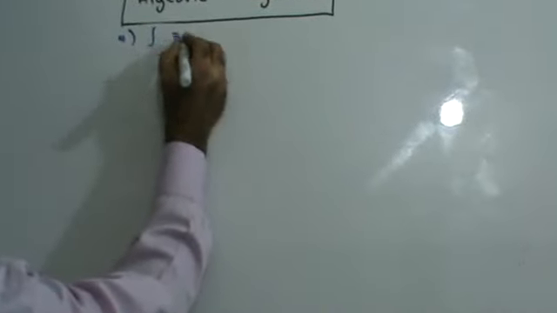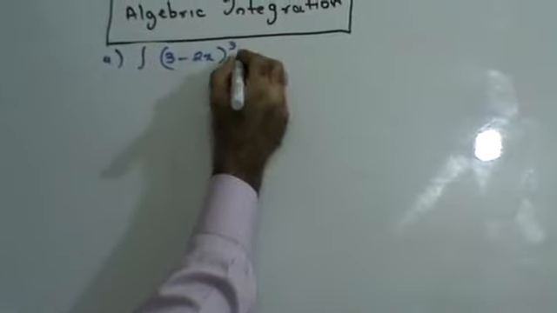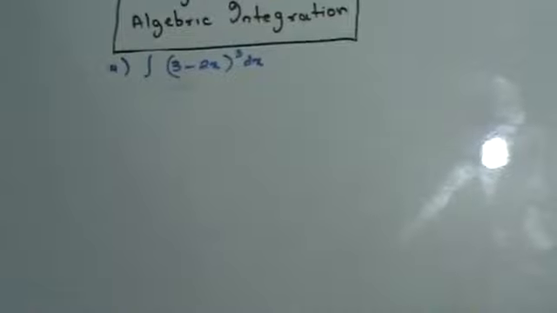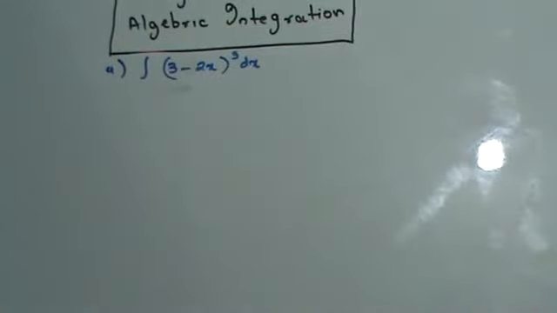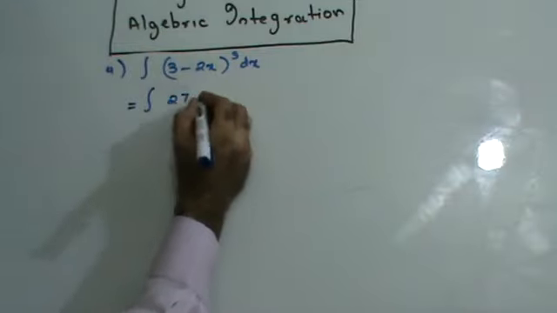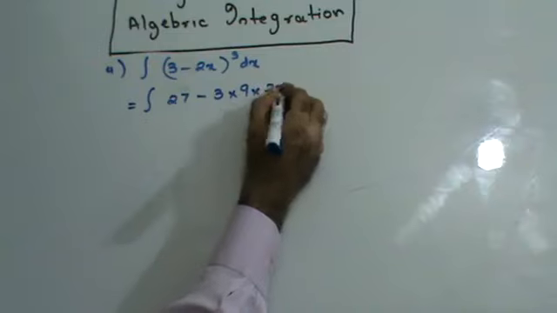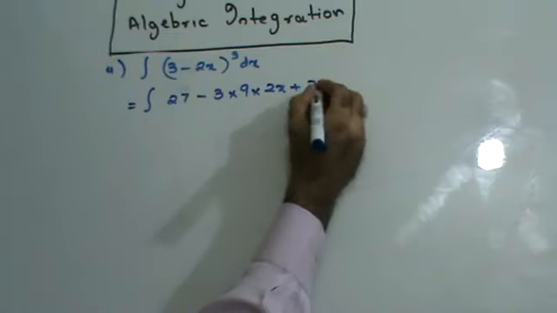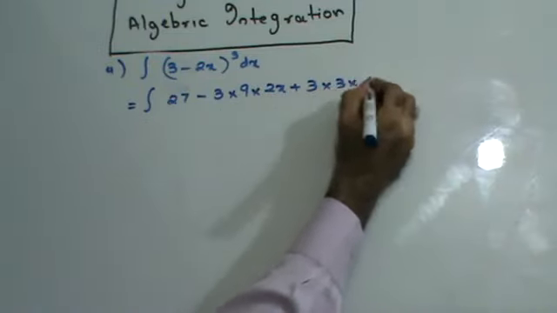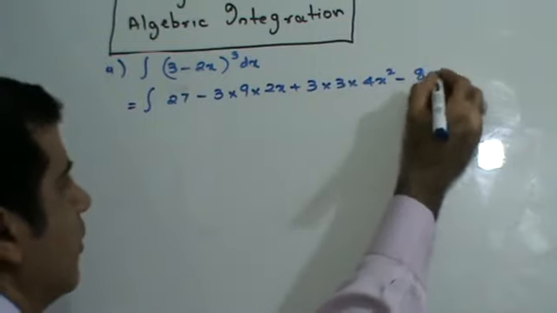Integral of (3 minus 2x) the whole cube with respect to x. Now let us see the sum. This is in the form a minus b the whole cube. This is a cube minus 3a square b plus 3a b square minus b cube.